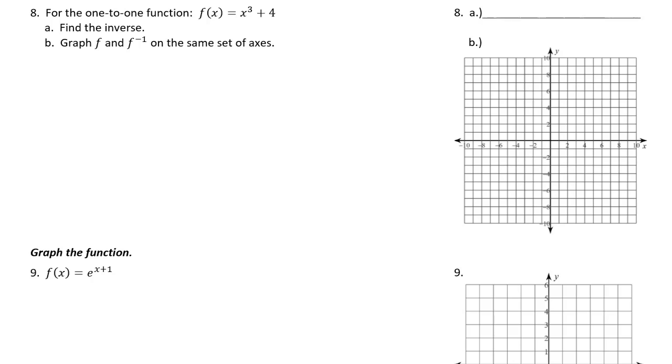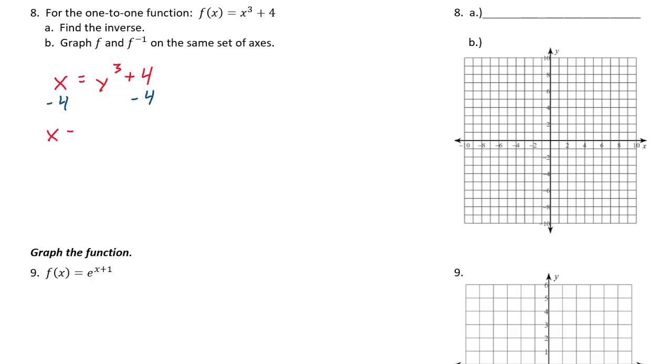For number 8, this one's telling me it's already a 1-to-1 function, so I don't have to do that analysis. It just wants us to first find the inverse. So the first thing I would do is swap the x's and y's, so it would be x equals y cubed plus 4. So immediately I'm going to start trying to get the y by itself, so I would subtract the 4 first.